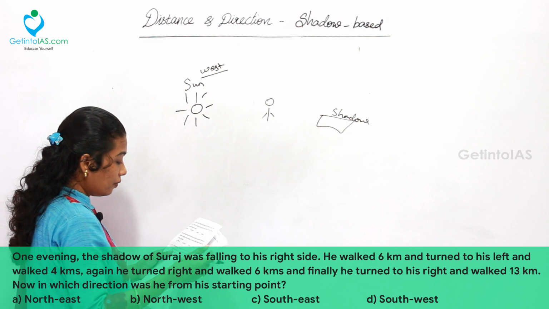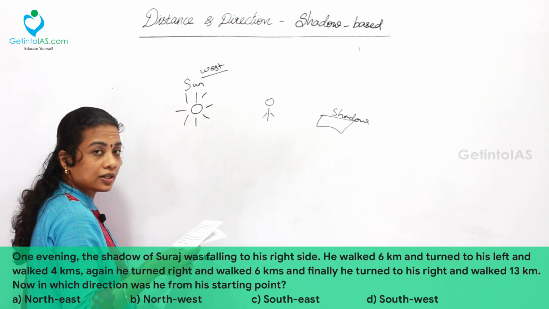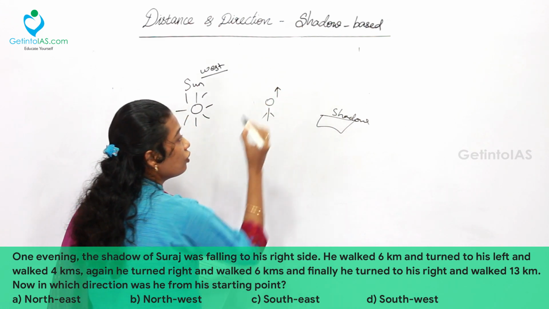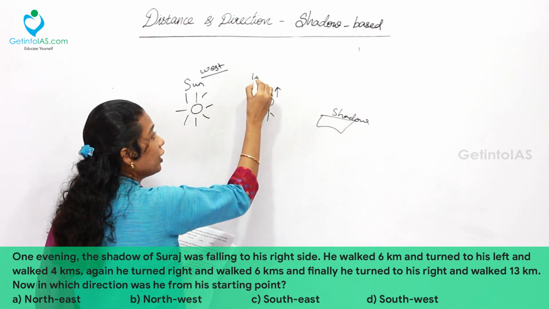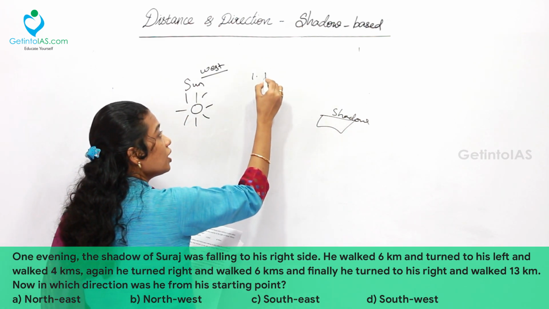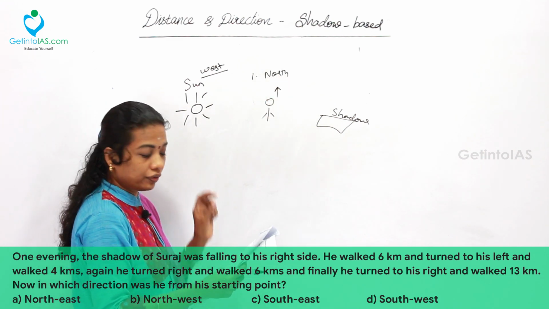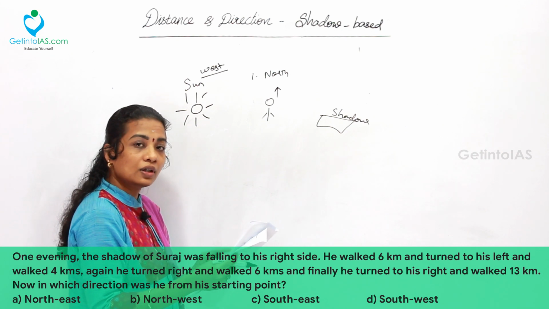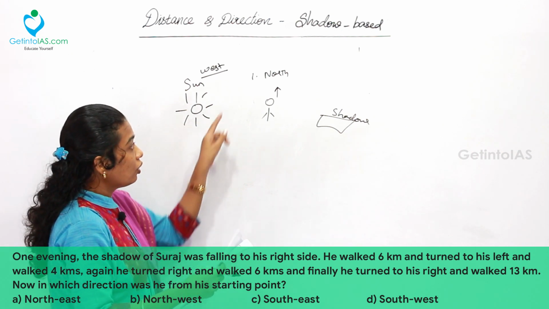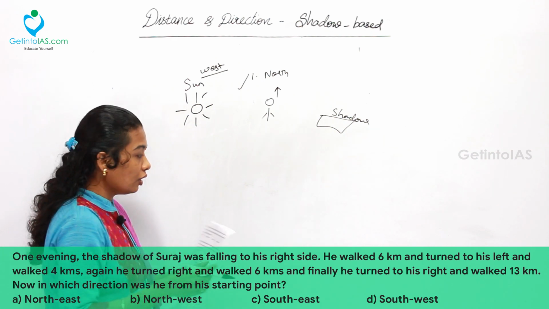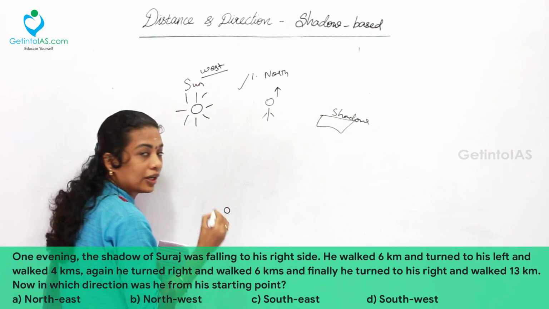Shadow of Suraj which is on the right side of Suraj means Suraj is facing north. That is the first point of the question, Suraj's facing position. Now the facing point is combined with the calculation of the distance and direction. Suraj's facing position is towards north. Starting from this, we can start the question.